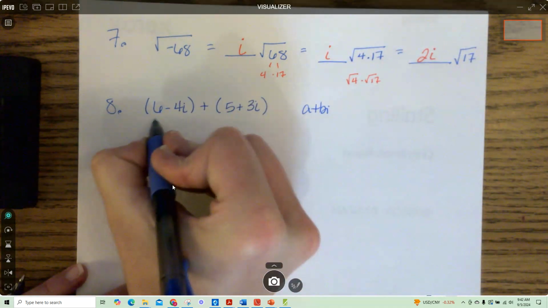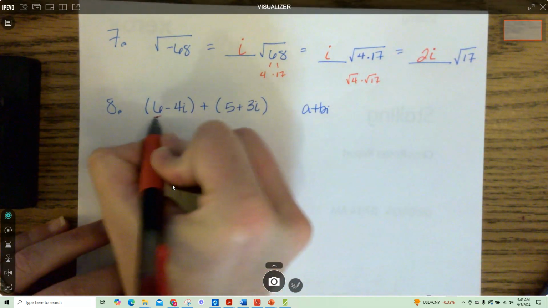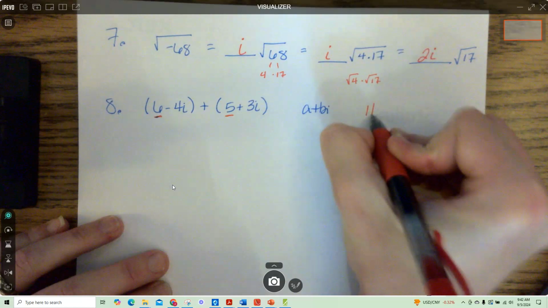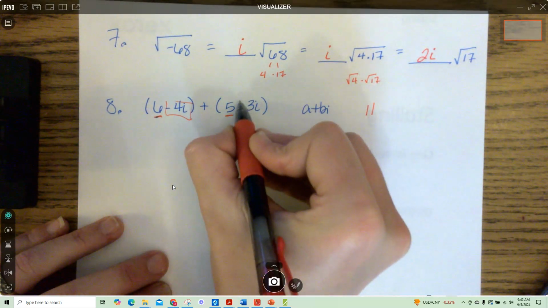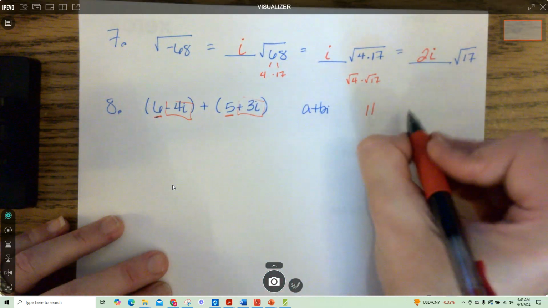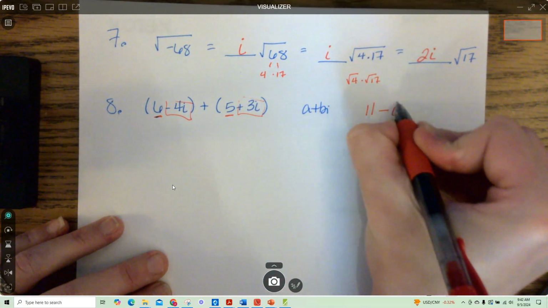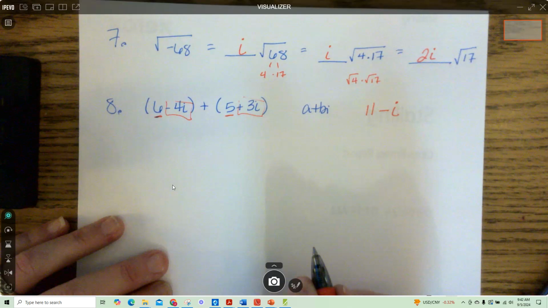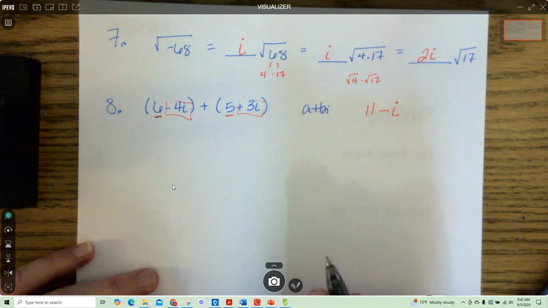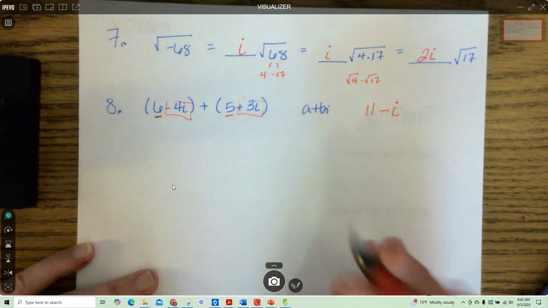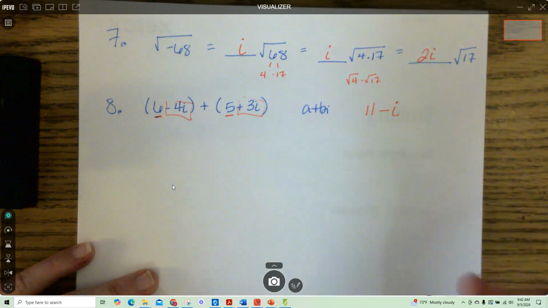So, take your two plain numbers. 6 plus 5 gives you 11. And then take your i pieces. Negative 4i plus 3i gives you negative 1i, or just negative i. Always make ones invisible. Never write 1x, anything like that.